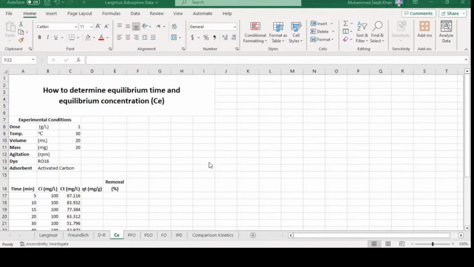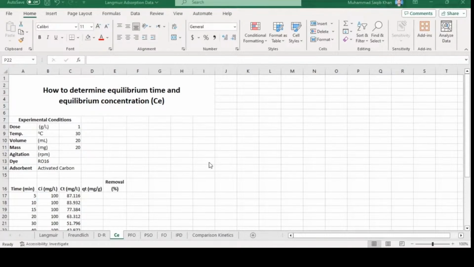For equilibrium concentration, you have to determine the equilibrium time. Equilibrium time is the time at which adsorption and desorption become equal, and the concentration at that time is the equilibrium concentration.